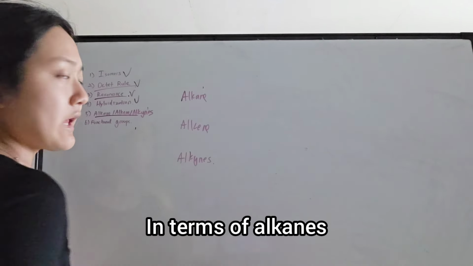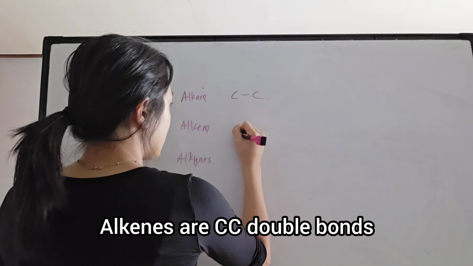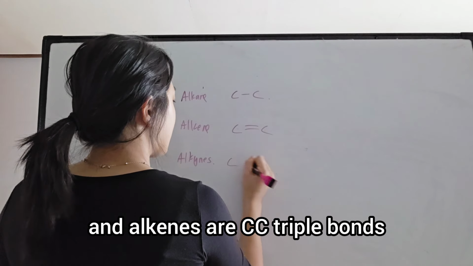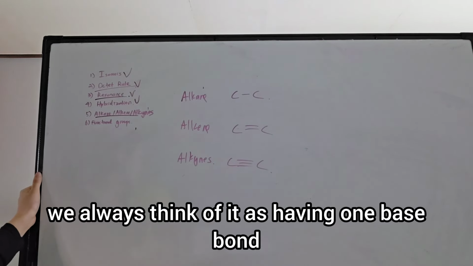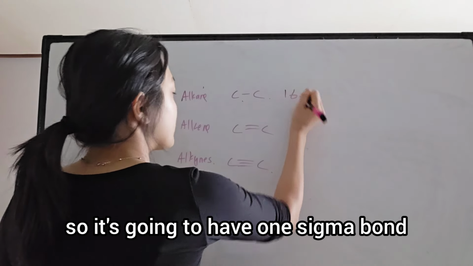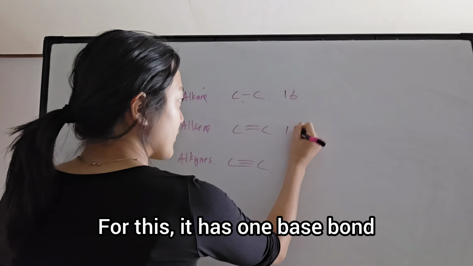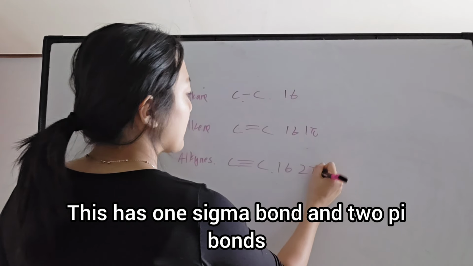In terms of alkanes, it's always CC single bonds. Alkenes are CC double bonds, and alkynes are CC triple bonds. So in this case, we always think of it as having one base bond, so it's going to have one sigma bond. For this, it has one sigma bond and one pi bond. This has one sigma bond and 2 pi bonds.